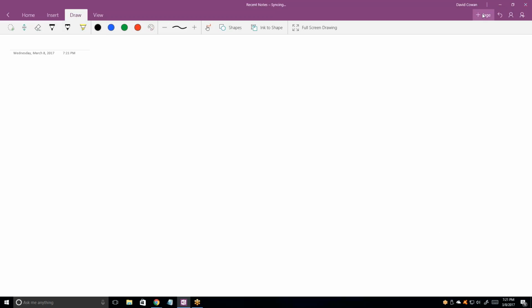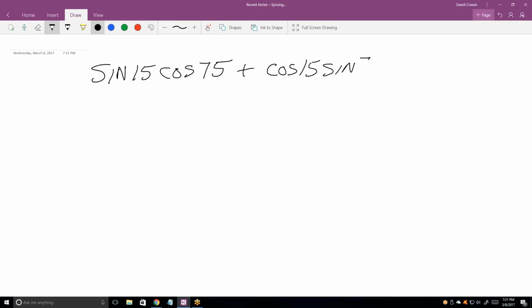Okay, the next one is sine 15 cosine 75 plus cosine 15 sine 75. Notice they reversed it. Okay, that's fine. They mean the same thing.